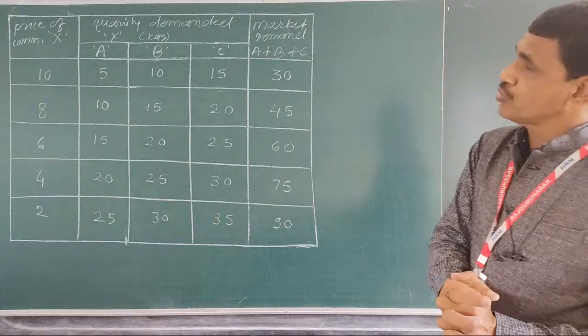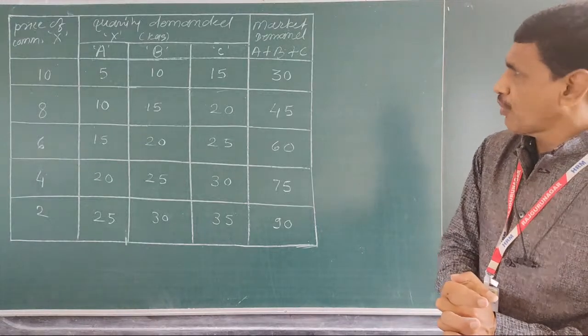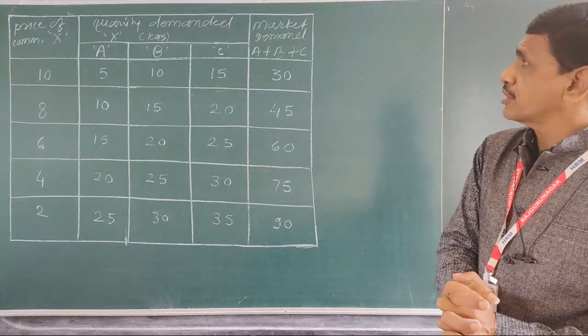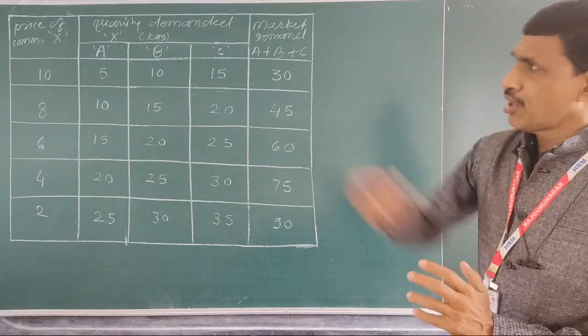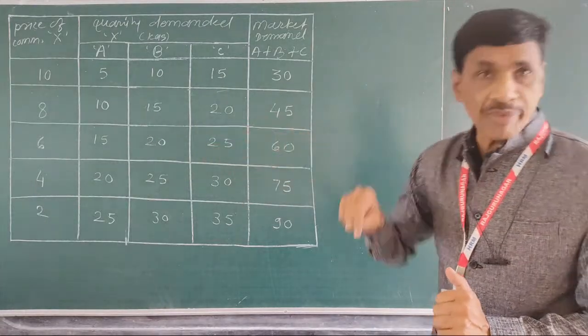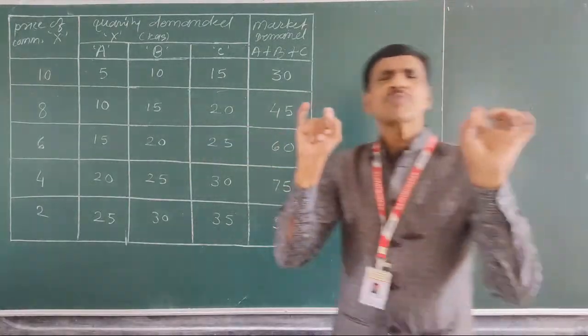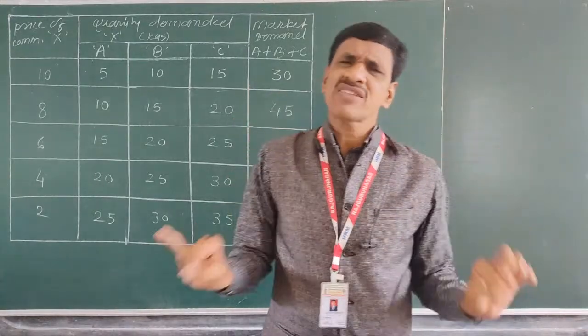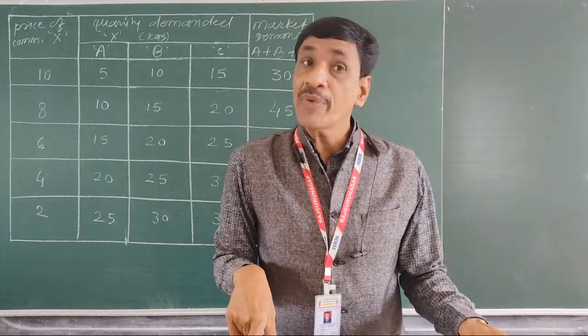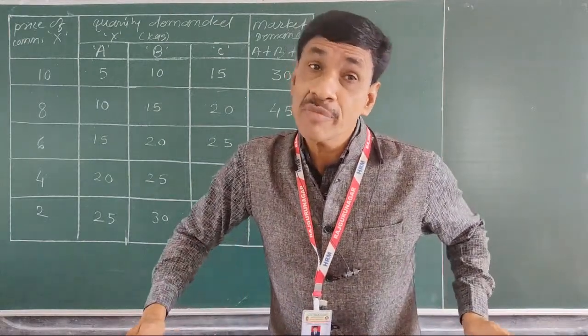Means all consumers' demand is rising demand at falling price and falling demand at rising price. In simple language, when price decreases then demand increases and when price increases then demand decreases.